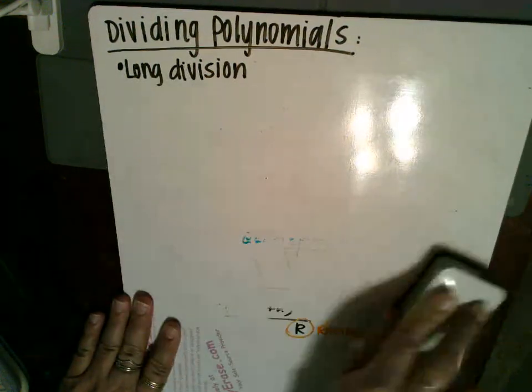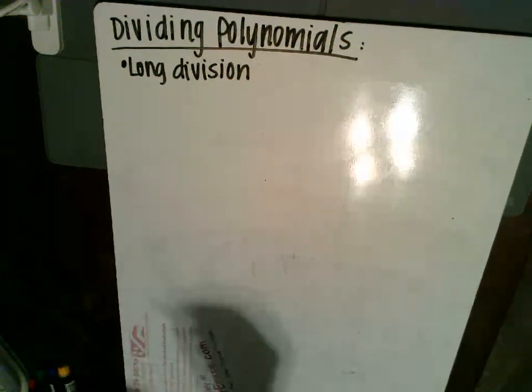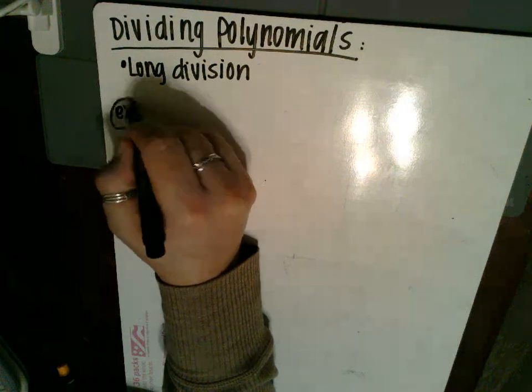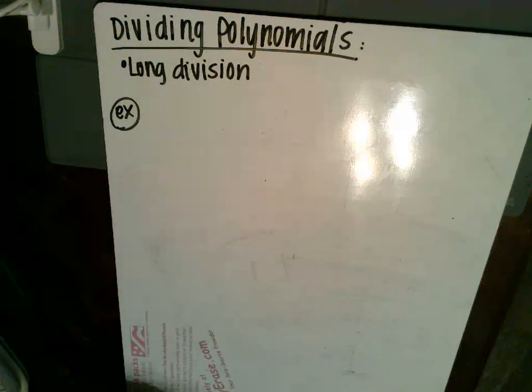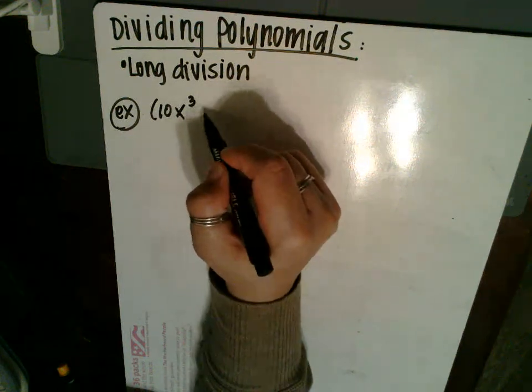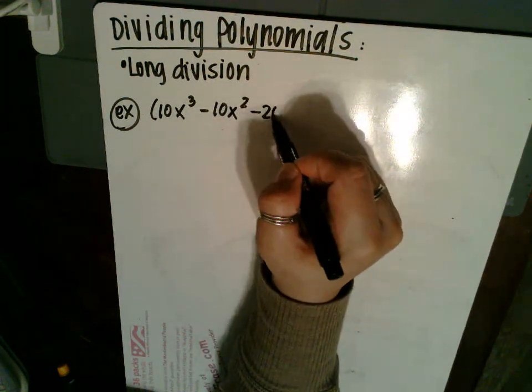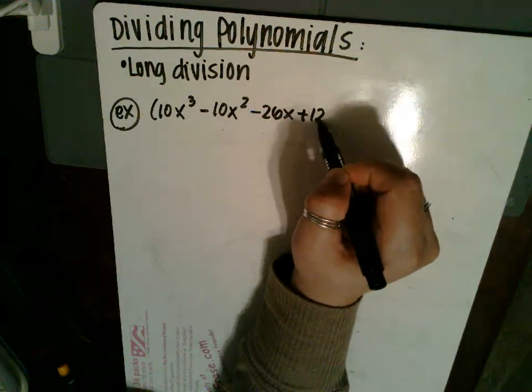Let's divide 10x to the third minus 10x squared minus 26x plus 12.